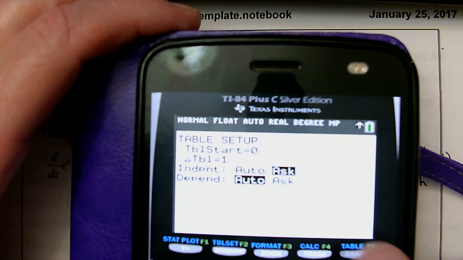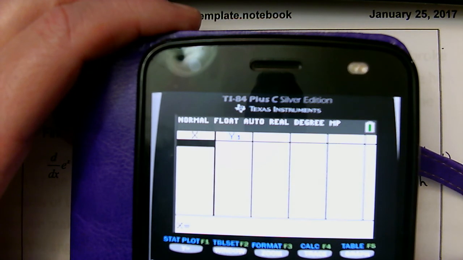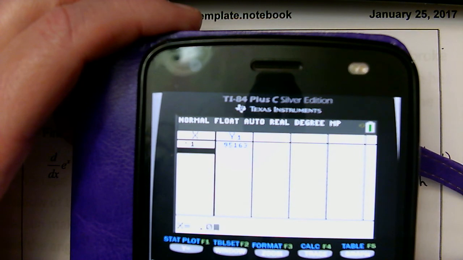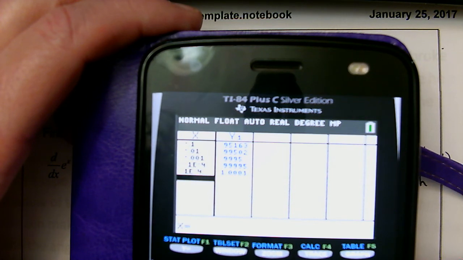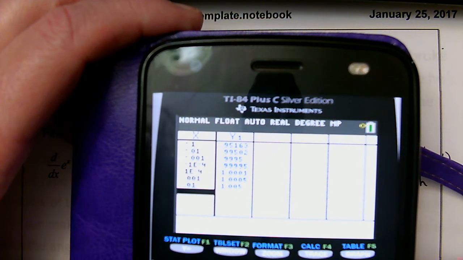So when I go to my table settings, I'm going to put in negative 0.1, negative 0.01, negative 0.001, negative 0.0001. 0 is not going to work. Then I'm going to put positive 0.0001, positive 0.001, positive 0.01, and positive 0.1.